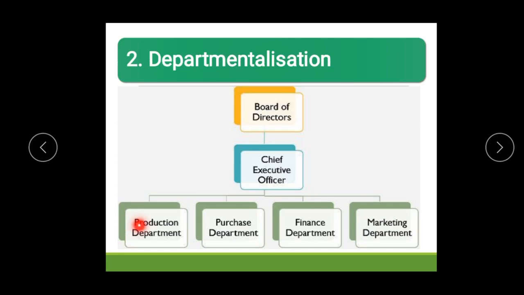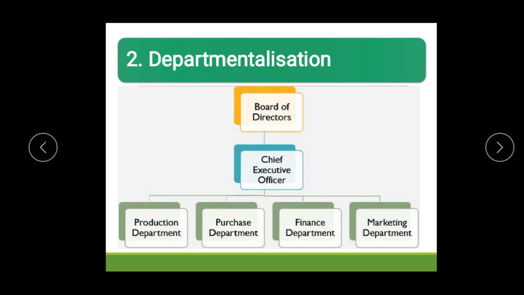In the production department, the similar type of activities are grouped together. If it is a textile organization, they first have to spin the cotton, then they have to weave it, and then the next activity is to dye it. So these three activities will be grouped under the production department.